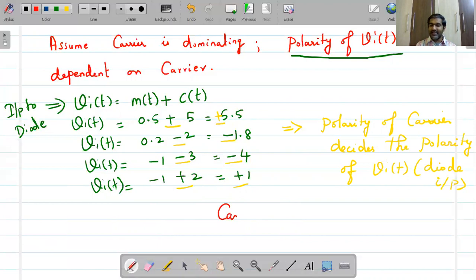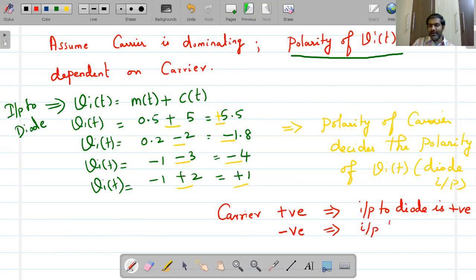If my carrier is positive, the input to the diode is positive. If the carrier is negative, the input to the diode is negative. That is our observation.